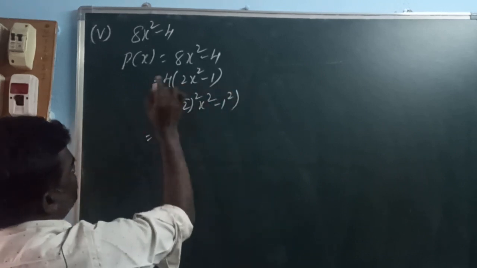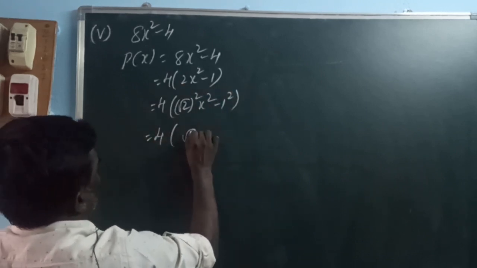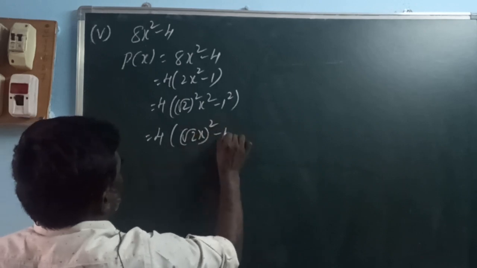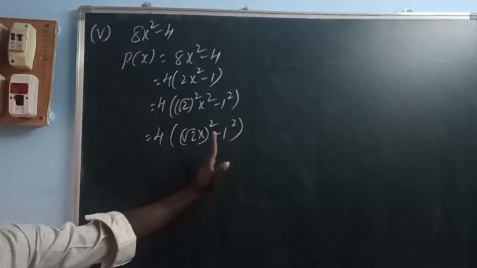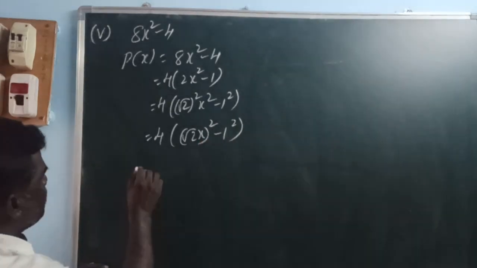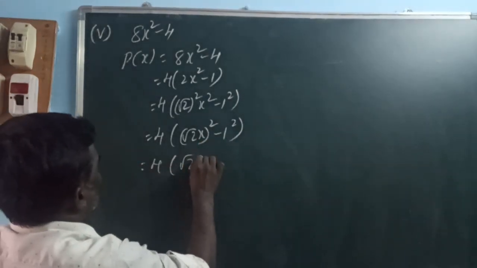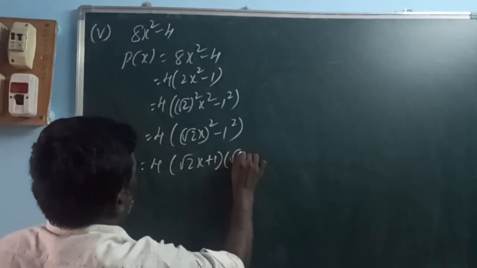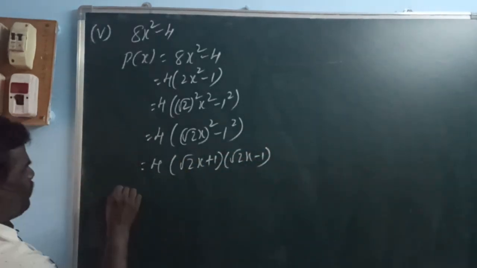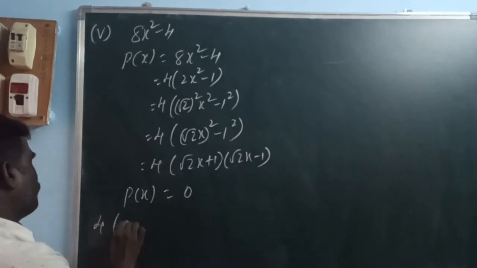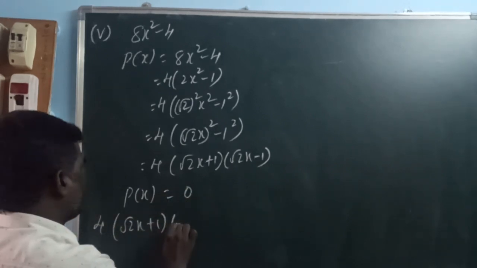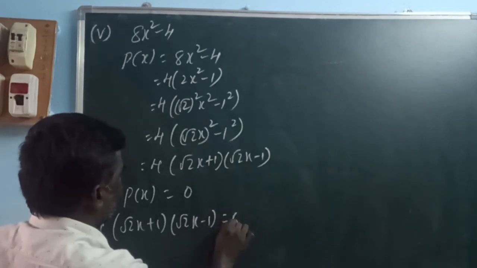So square root cancels 2, that is 4 of root 2x whole square minus 1 square. Now it is in the form of a square minus b square, that is a plus b into a minus b, that is 4 of root 2x plus 1 into root 2x minus 1. So let us take p of x is equal to 0, that is 4 of root 2x plus 1 into root 2x minus 1 is equal to 0.